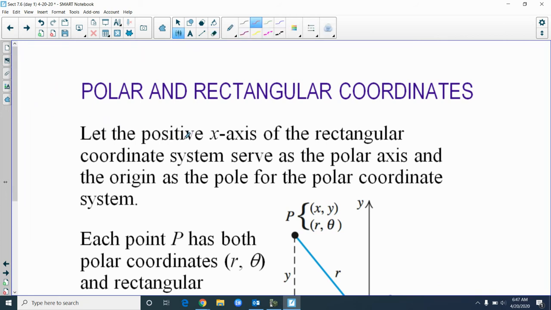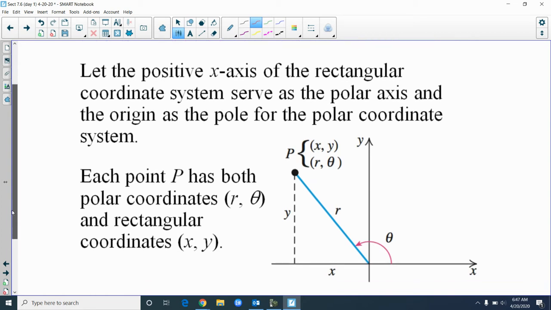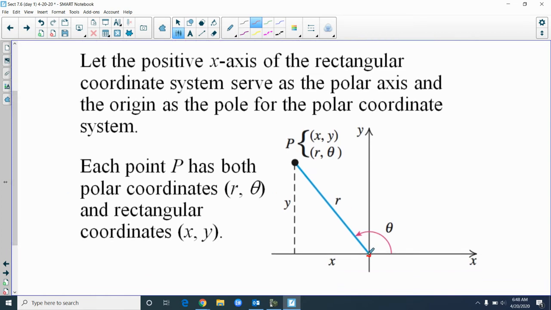Let the positive x-axis of the rectangular coordinate system serve as what we call the polar axis. So the positive x-axis, this right here, is the polar axis, and the origin is the pole for the polar coordinate system, because that's where we get our radius.